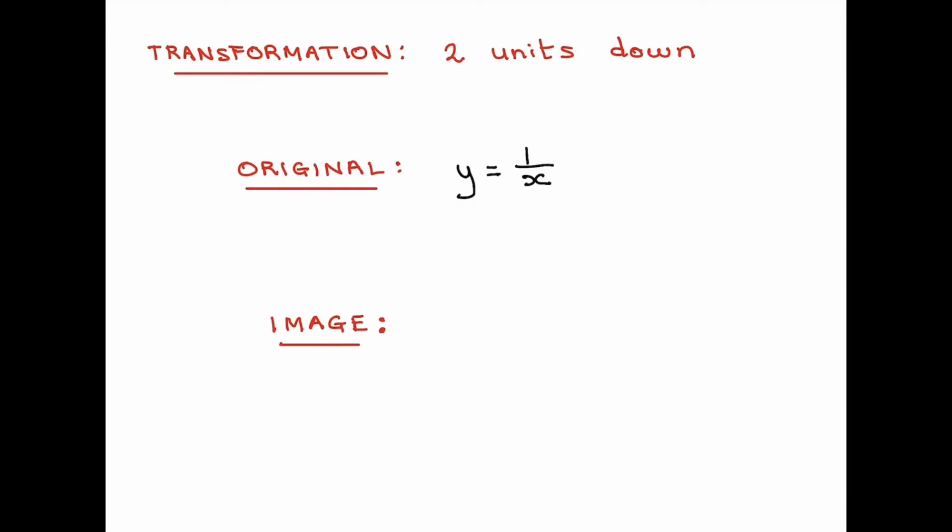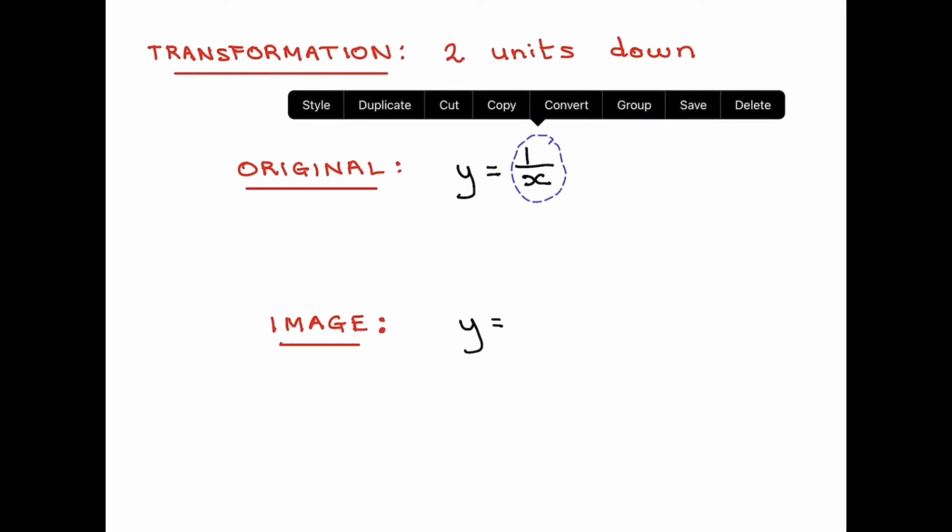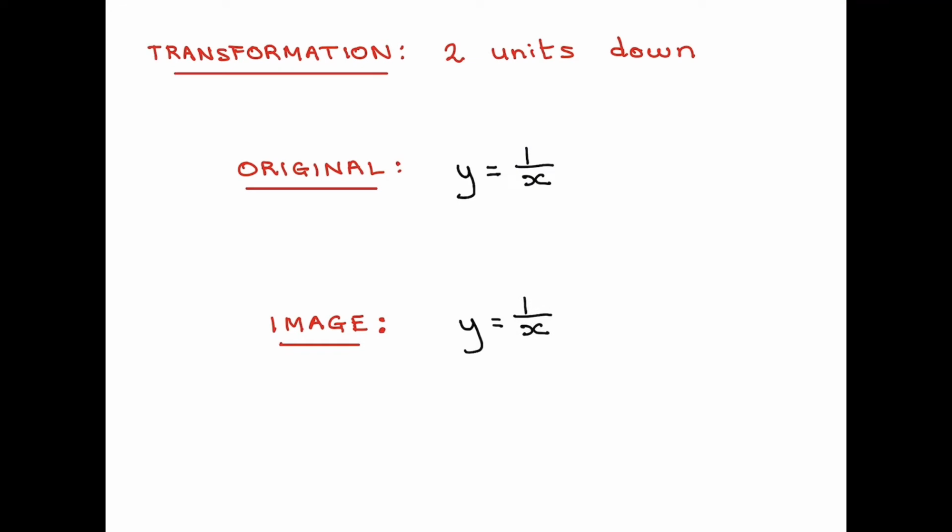In this case, 2 is subtracted from each of the y values on the original curve, so the image y's will have the same value as the original y's minus 2.